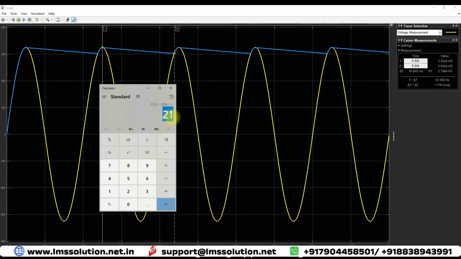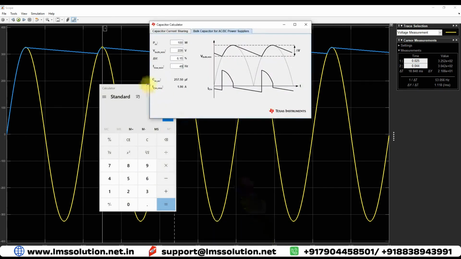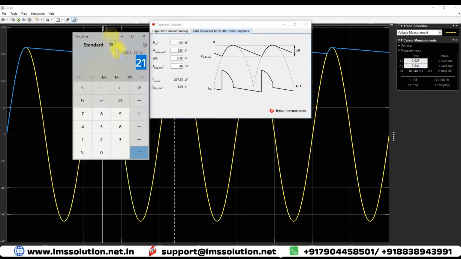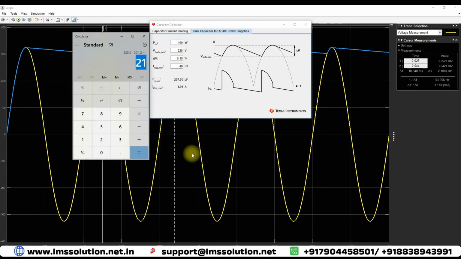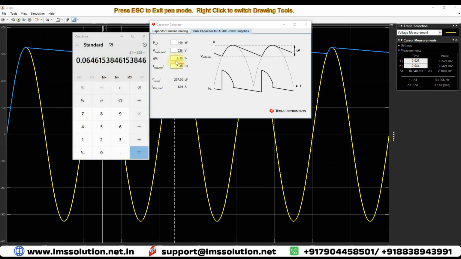You are getting ripple voltage of 20, and we designed that filter for 20 volt. As per our design calculation, we are getting almost the same percentage. So we are getting around 21 volt. 21 divided by 325 is equal to 6.46 percent. The designed, that means calculated value is 6.15 percent, but the actual ripple we are getting is around this.